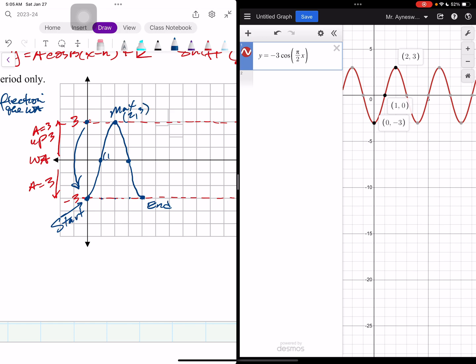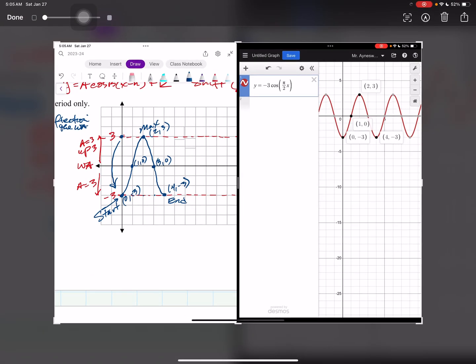This is 1, 0, down here is 0, -3, and then this is 3, 0, and this is 4, -3. If you check on Desmos, you'll notice they have the same points. Let's screenshot this and bring it in, just to show you that we're right.